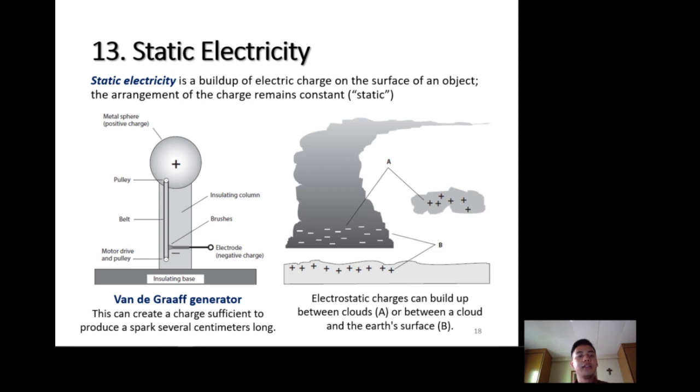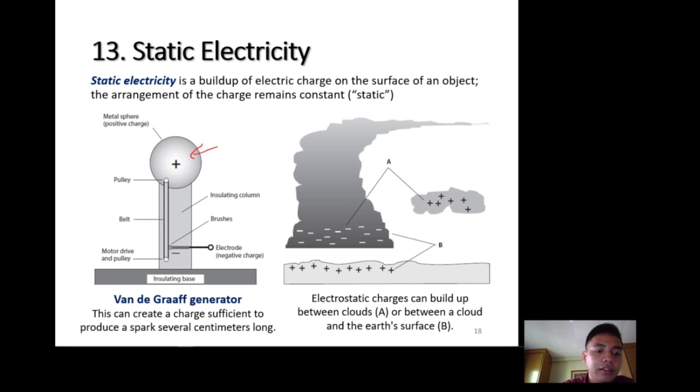So now we have static electricity. Static electricity is a buildup of electric charge on the surface of an object. The arrangement of the charge remains constant or static. There are many examples. We have the Van de Graaff generator. You have a motion here, and then it creates friction, and it changes the charges in the metal sphere.